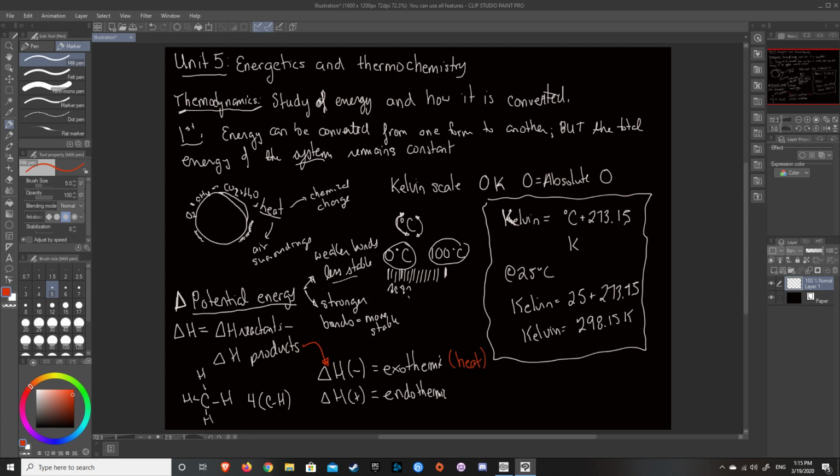Whereas if we have very strong bonds and we minus off our products, we're going to have a positive value. And that means heat is absorbed.